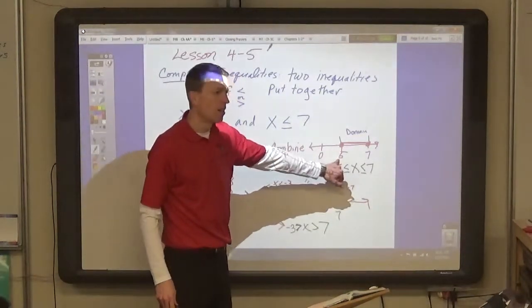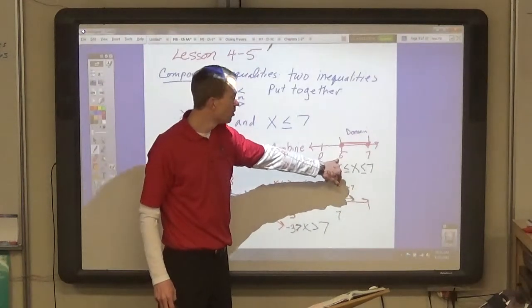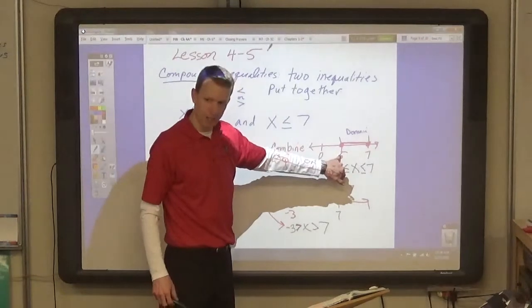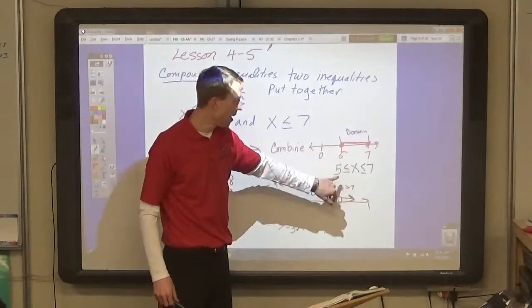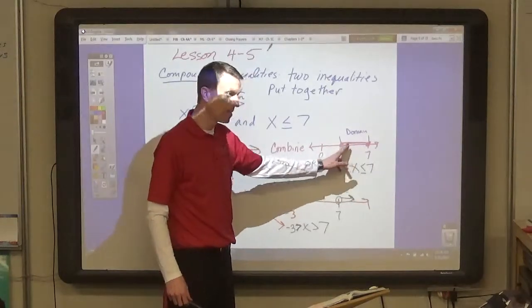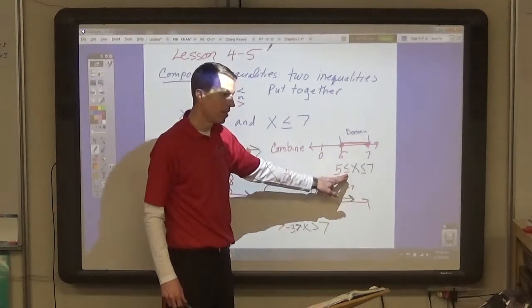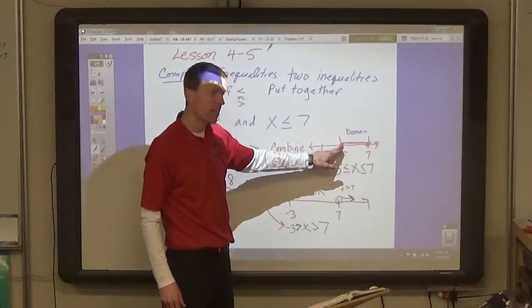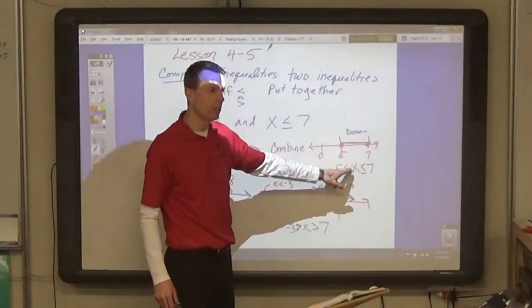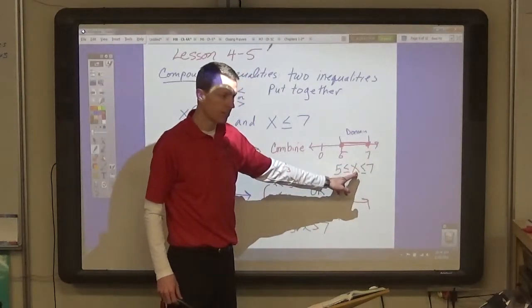Now look at this. When you're writing a compound inequality, you start with the lowest number, 5, and you say that 5 is less than or equal to the shaded area. We use a solid dot, so you have to use the less than or equal to sign. And then the shaded area is the x.